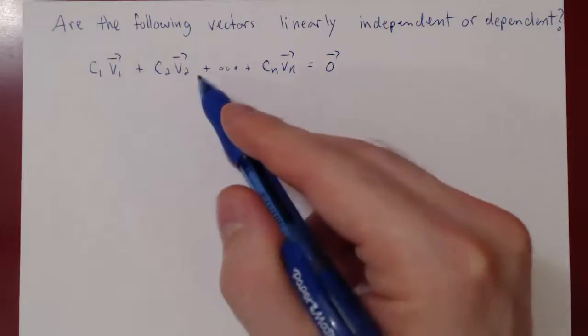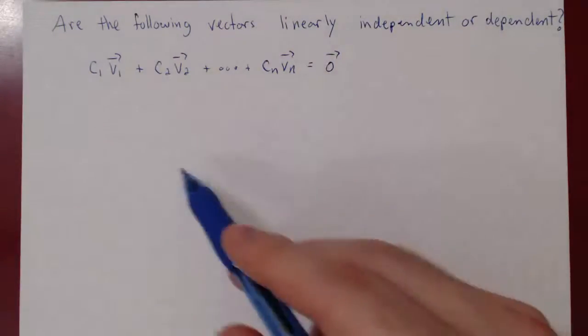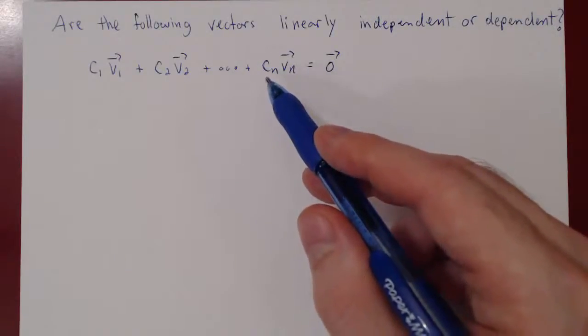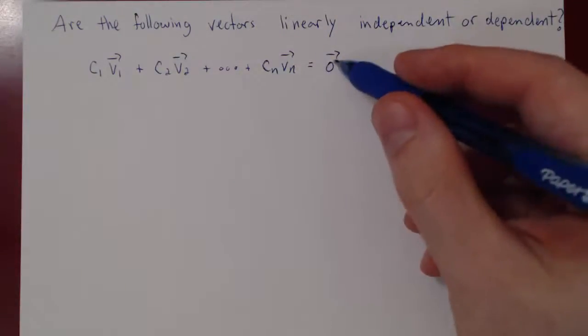The vectors are v1, v2 up to vn. We consider a linear combination of these n vectors, so c1, c2, cn are real numbers. They are the coefficients of this linear combination, giving the zero vector.